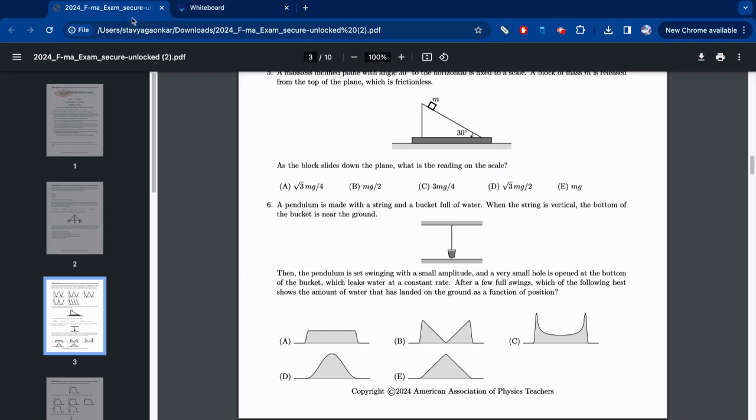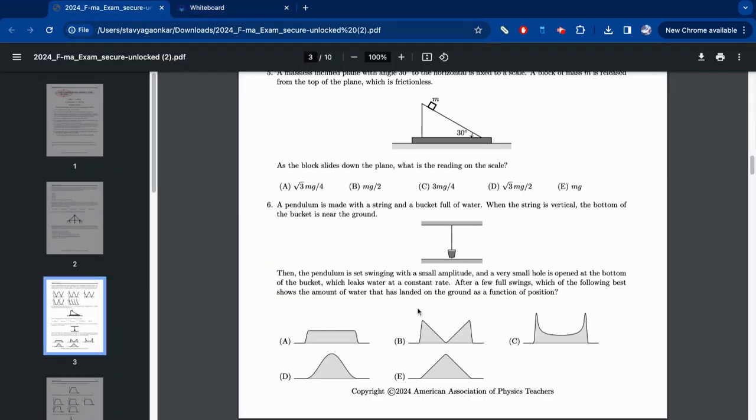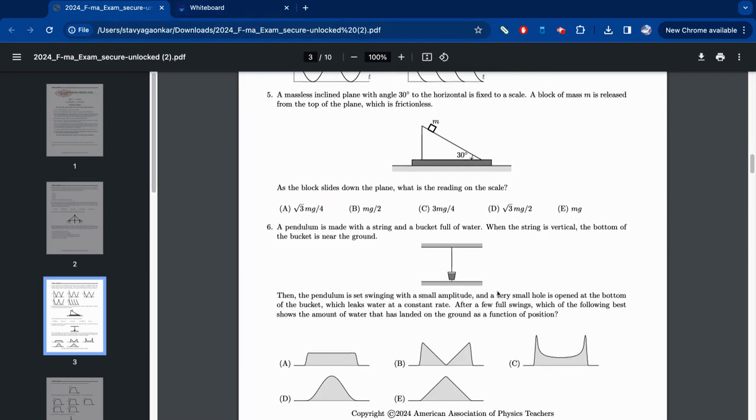So if we were to model how much water leaks during this time, it would be approximately flat. But at the ends, its velocity is zero because it's stationary. So those are where the peaks are going to be. So our answer has to be C, because as we can see, it's basically flat here, and the peaks are at the ends.